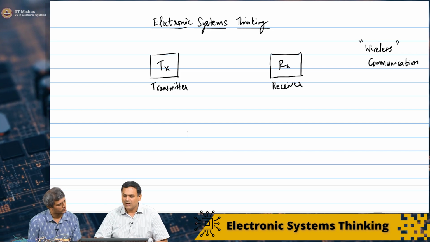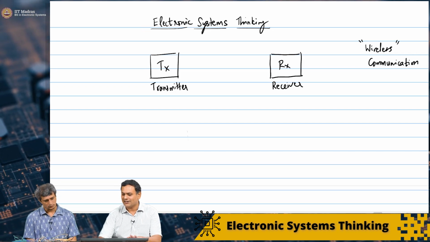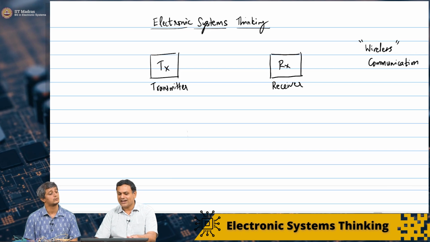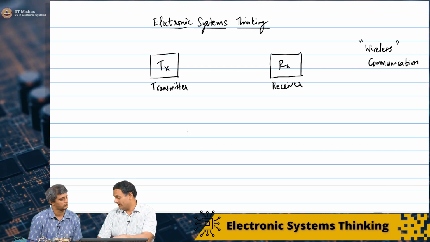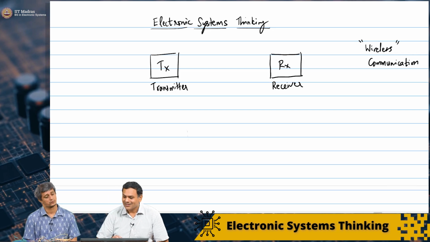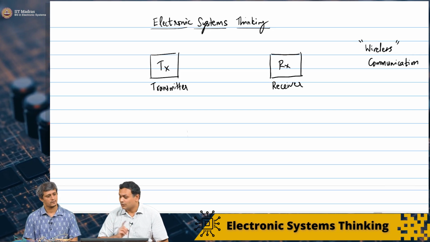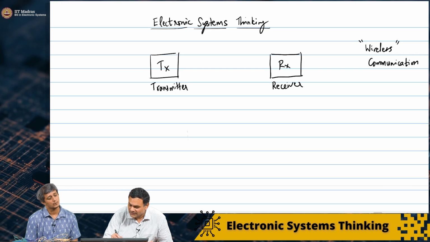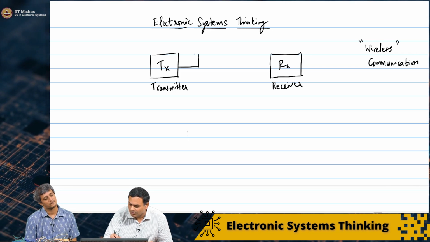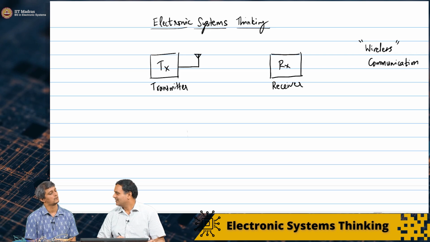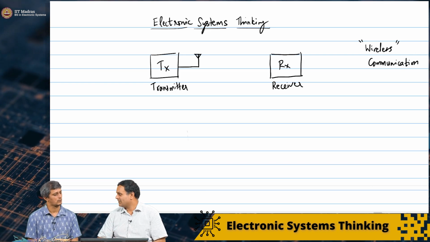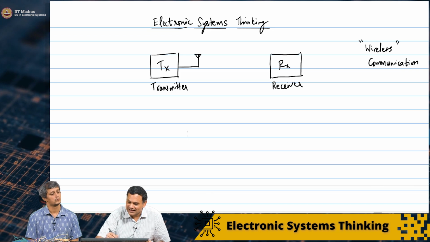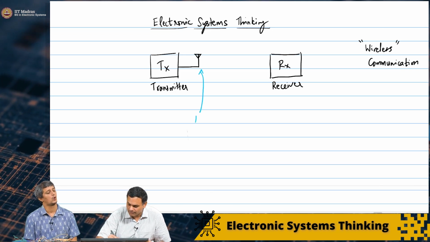So you need some electronic circuitry to create the signal that you are going to send to the receiver. One of the things you require for wireless communication is an element that I have drawn like this. This is the traditional representation of an element called an antenna.